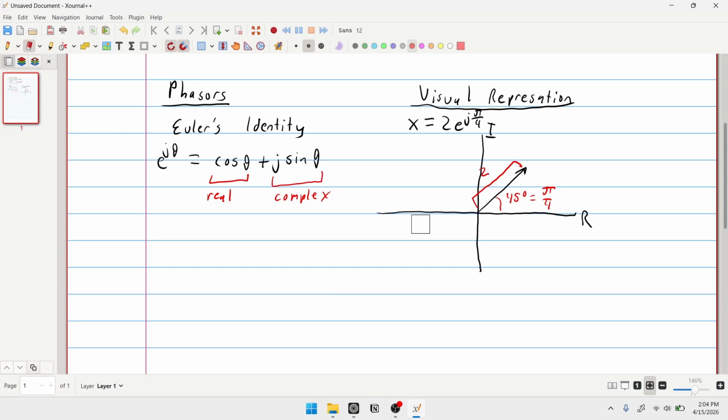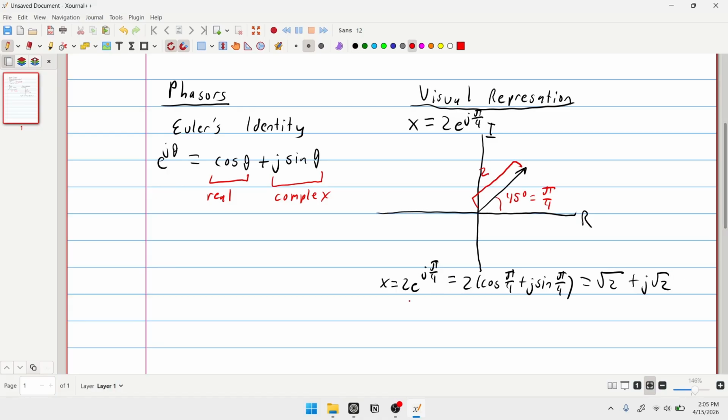We can write that as x equals 2e^(j pi over 4), or if we use Euler's identity, we get 2 cosine pi over 4 plus j sine pi over 4. If you plug that in, we get root 2 plus j root 2.